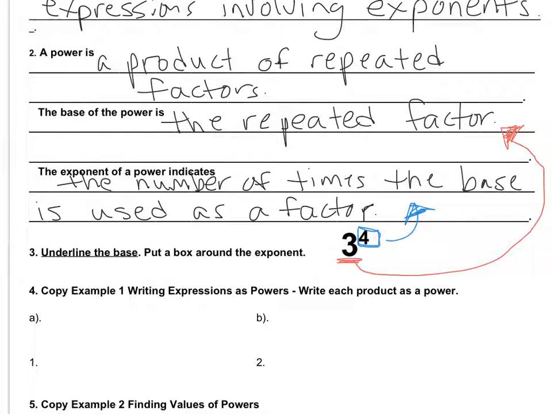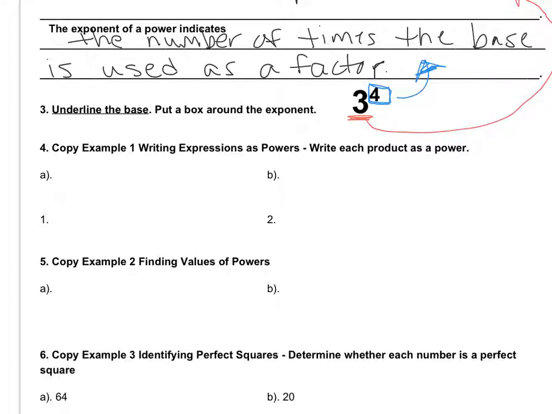So, let's do a couple of examples here. Go down to number 4. Copy example 1 from page 12 in your textbook, which is 4 times 4 times 4 times 4 times 4. 4 times 4, 5 times.